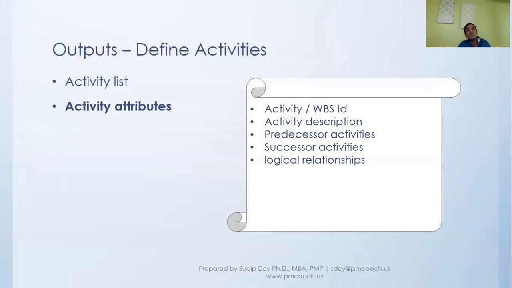If this particular activity is dependent on another activity, does it mean that I can start this activity only after the predecessor activity is finished? Or can I start this activity as soon as the predecessor activity started? What is the kind of relationship that we have?